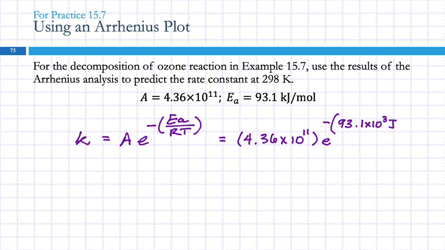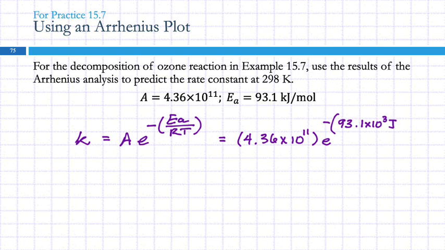If you weren't, this might be something new. This is not proper scientific notation, but your calculator doesn't care. So you can just type it in like that, and it saves the problem of, do I move it to the right, to the left? Kilo means 1,000, so instead of writing kilo, we write times 1,000.